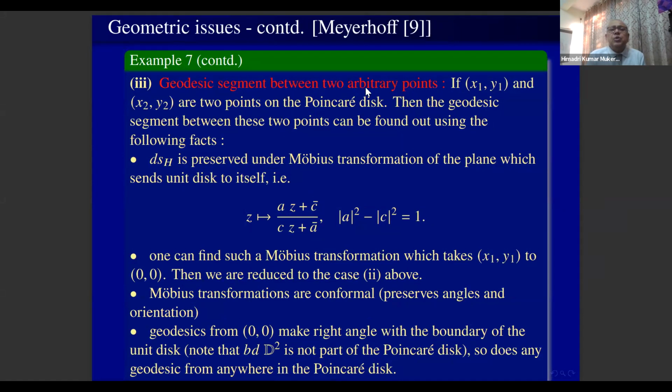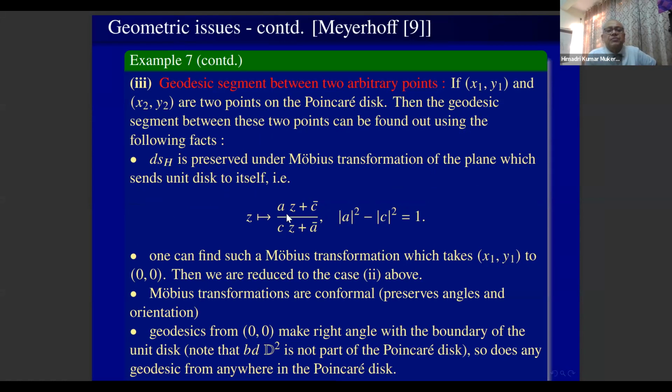Now the geodesic segment between two arbitrary points. Suppose (x1, y1) and (x2, y2) are two arbitrary points of the Poincaré disk. Then the geodesic segment between these two points can be found using the following facts. First, you note this ds_H, the hyperbolic metric, is preserved under a Möbius transformation of the plane which sends the unit disk to itself.